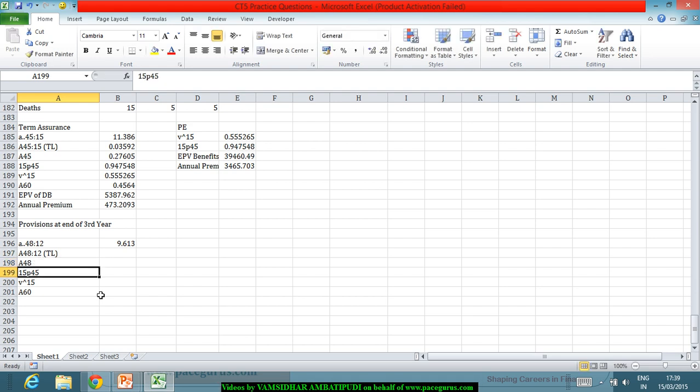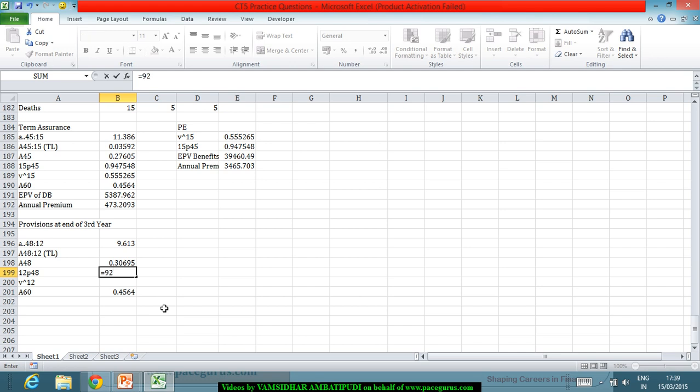I also require 12p48 and I require V power 12. So these numbers are required, A60 also. And in this case A60 is already known, because I can directly take A60 as this number, and A48, I'll get my A48 as 0.30695. 12p48 comes as L60 by L48.